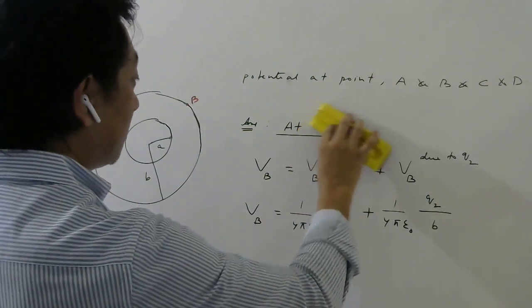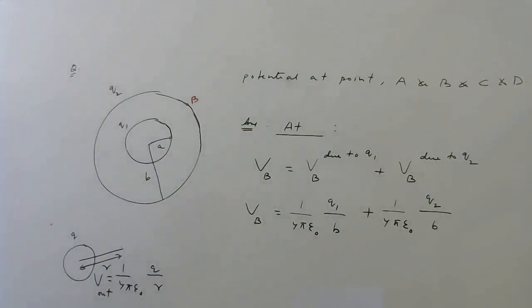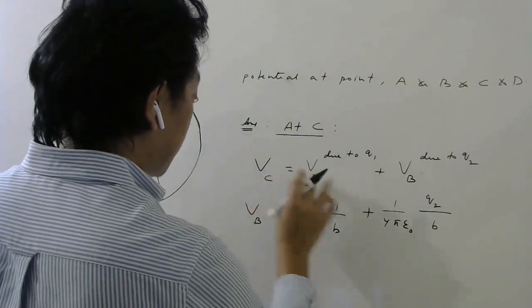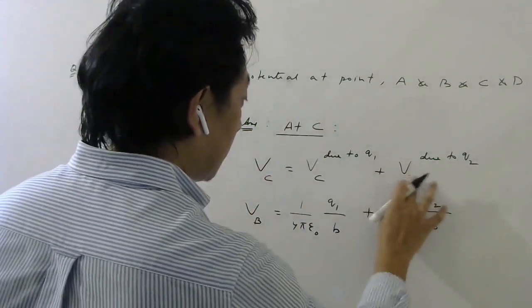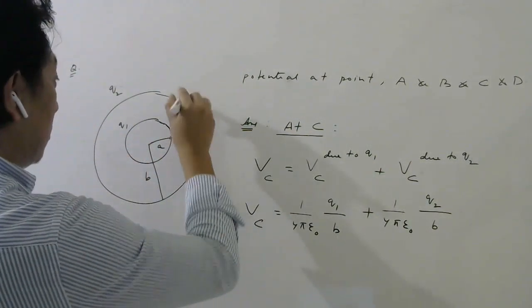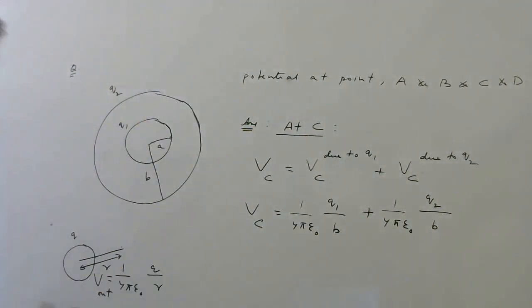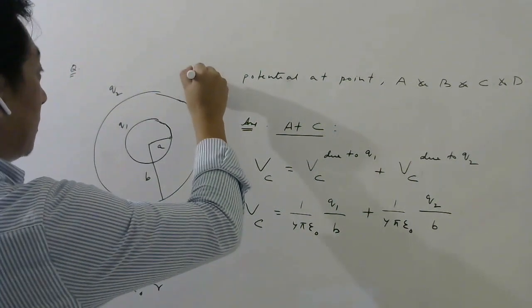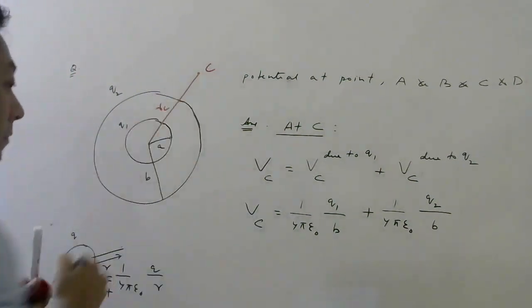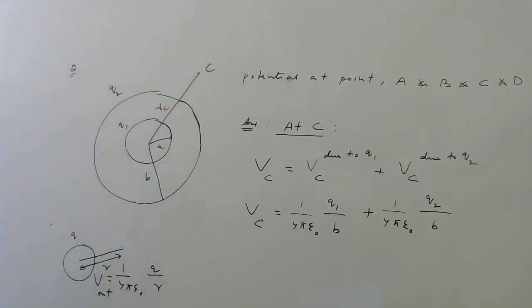Now let us see at C, some other point. Potential at C. Okay. So let us say point C. Forget this now. So now my point C is somewhere here, let us say. And let's say this distance is RC. Then what will be now potential at C?